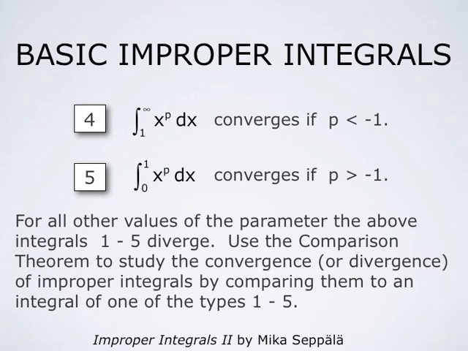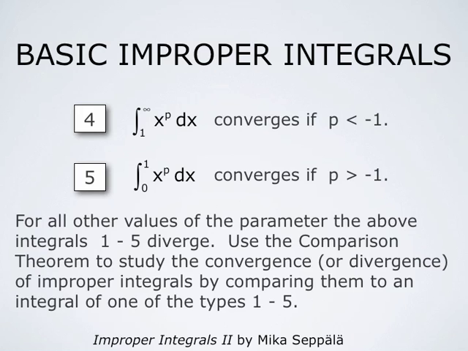And for all other values of the parameters in the above integrals, the integrals diverge. And then we may use the comparison theorem and compare complicated integrals to one of these basic types of improper integrals, and then we can show that these complicated integrals either converge or diverge.